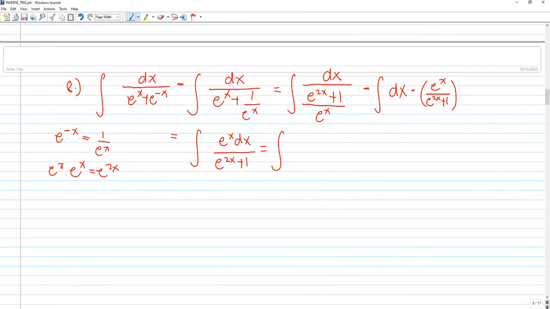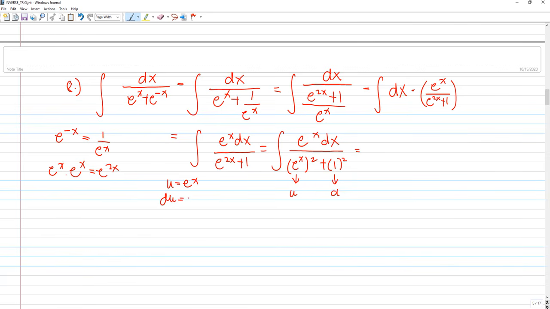So we have the integral of e raised to x dx all over e raised to x squared plus 1 squared, wherein e raised to x would be our u and 1 would be our a. So our u is e raised to x.